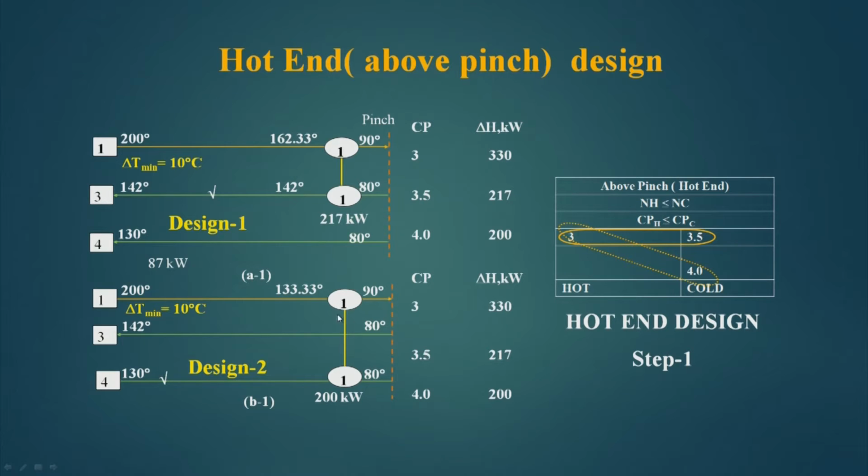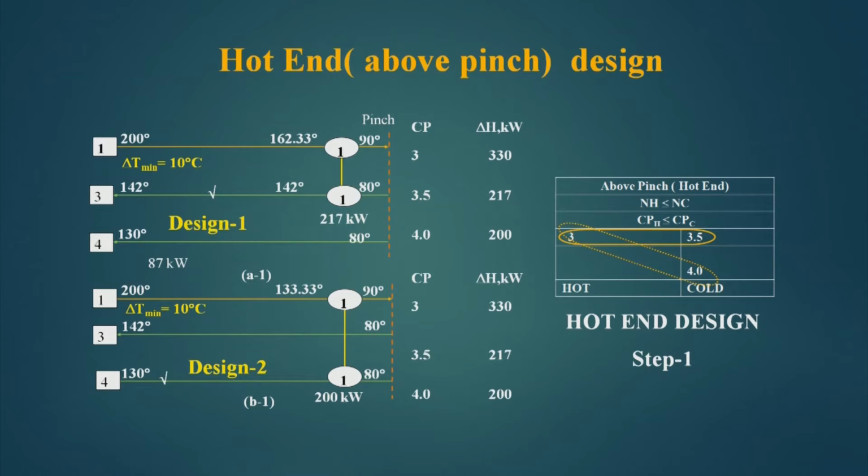This is heat exchanger number 1 based on the Tick-off criteria. Once we pass this heat, this cold stream is ticked off. That means this much heat will be capable of raising its temperature from 80 degrees centigrade to 130 degrees centigrade. This can be seen very easily. 200 divided by 4.0 comes out to be 50.